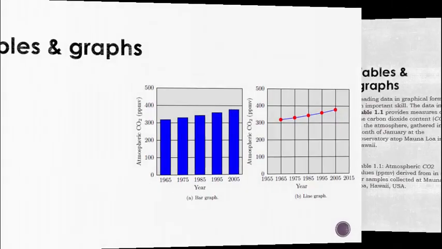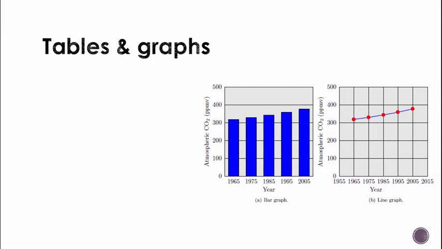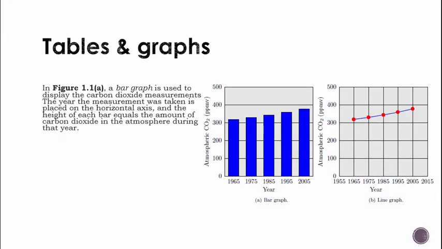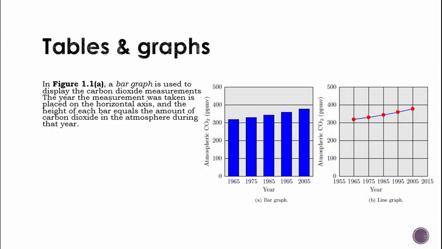Okay? Now let's look at these two graphs. In figure 1.1a, a bar graph is used to display the carbon dioxide measurements. The year the measurement was taken is placed on the horizontal axis, and the height of each bar equals the amount of carbon dioxide in the atmosphere during that year.